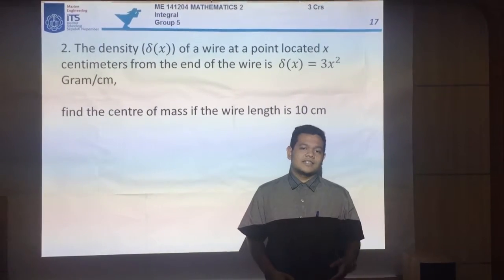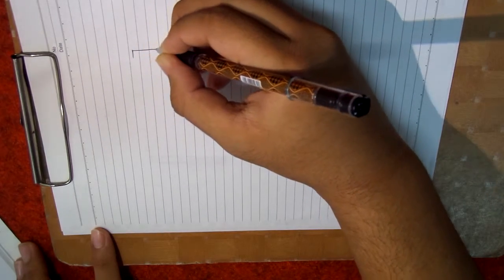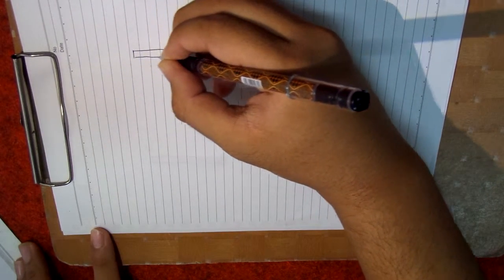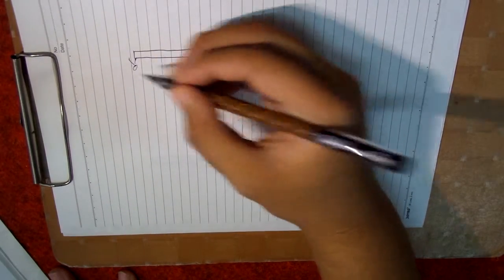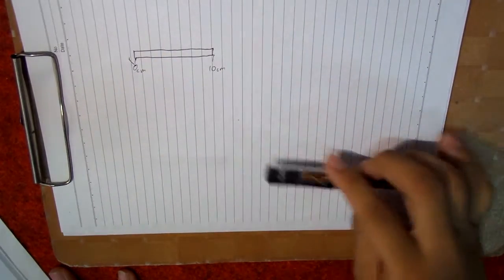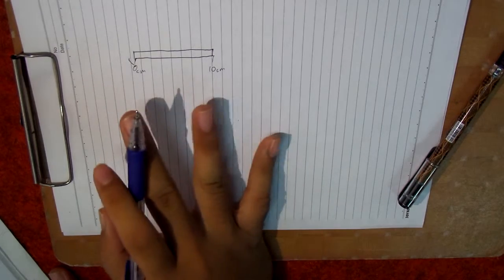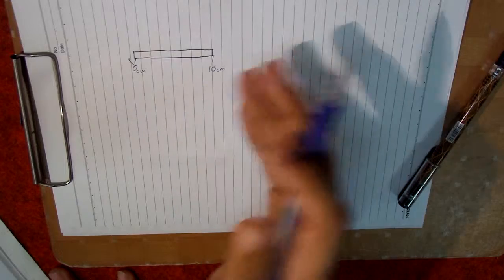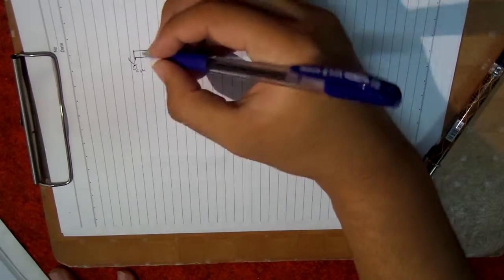Okay, we will start the calculation. We draw the shape of the wire like this. From the slide, we know that the closer to one end of the wire, the denser it is.